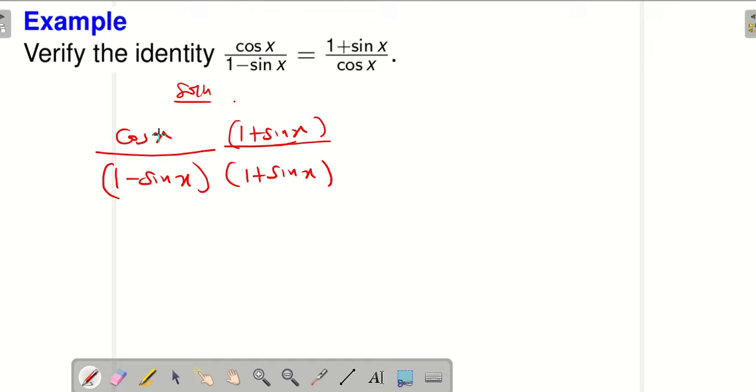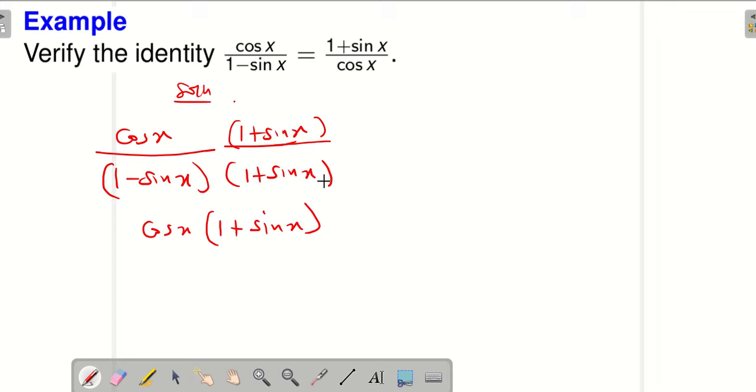Now let us expand. Cos x times 1 is cos x, then plus cos x sine x. Or let me rather put it this way: I will not expand for now. Let me leave the numerator as cos x into bracket 1 plus sine x.